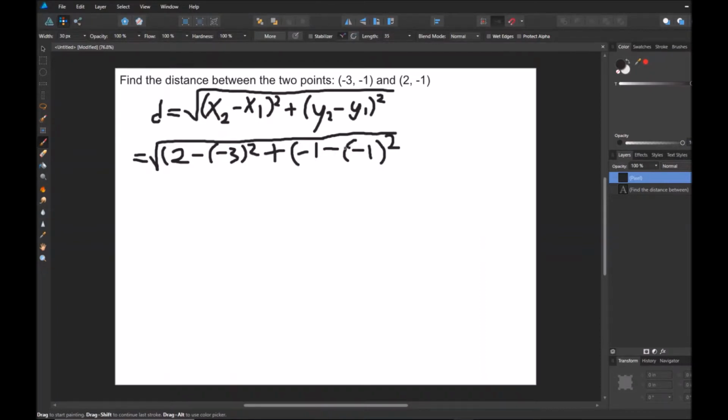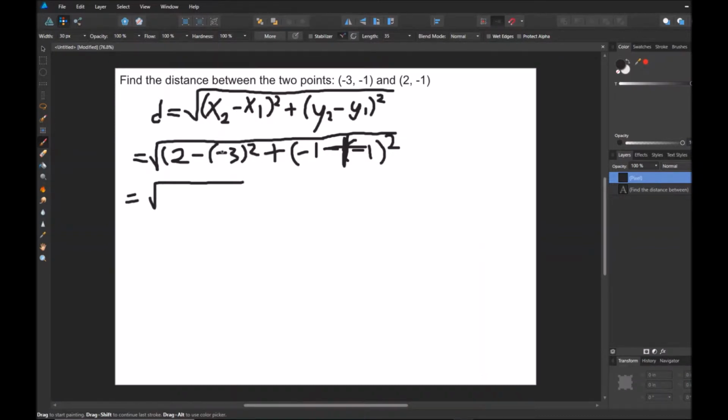So this minus a -1 is basically the same thing as plus 1, so -1 plus 1 is 0, and 0 squared is 0, so I'm not going to bother writing that in the next step because it won't change our answer in any way.